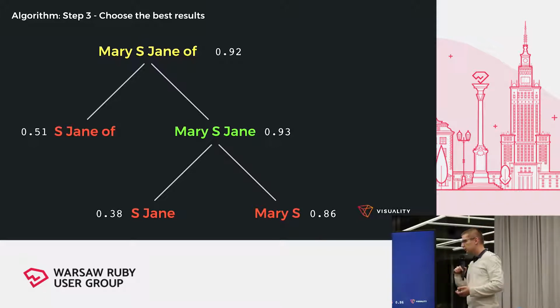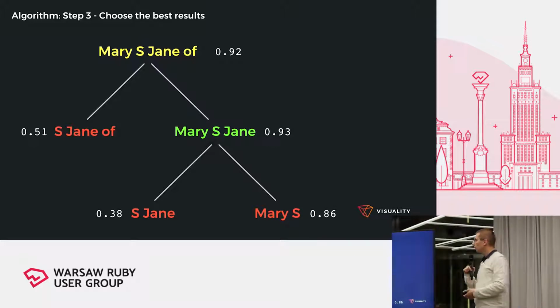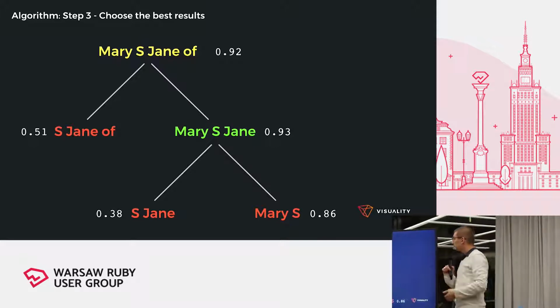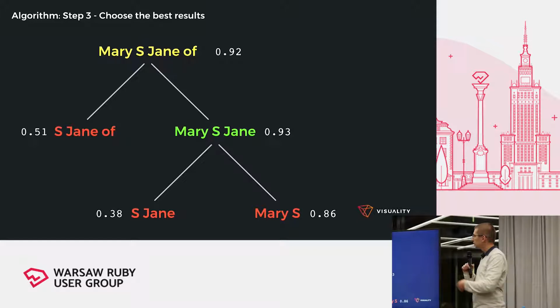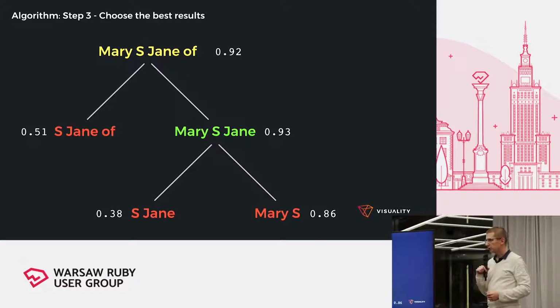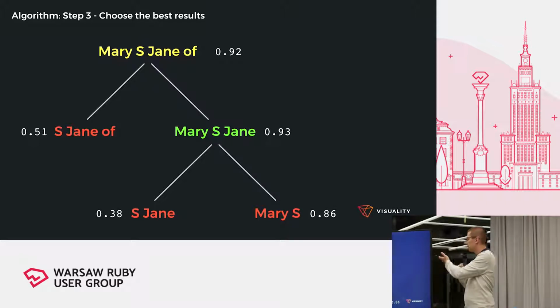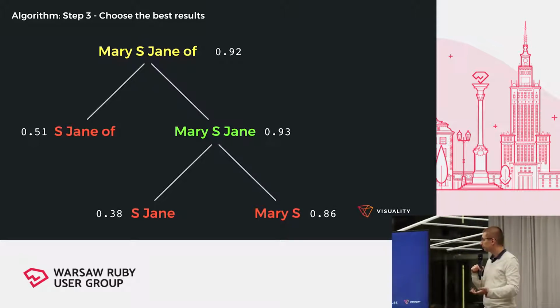So for every phrase we found to be equal to our search phrase, we cut a word on the left and we cut a word on the right and check whether such phrases are more similar or less. So we cut Mary from "Mary S. Jane of". We get "S. Jane of", which is not that similar. We cut "of". We get "Mary S. Jane", which is more similar than the initial phrase. So we just found out that the subphrase of "Mary S. Jane of" is more similar to our Mary John.